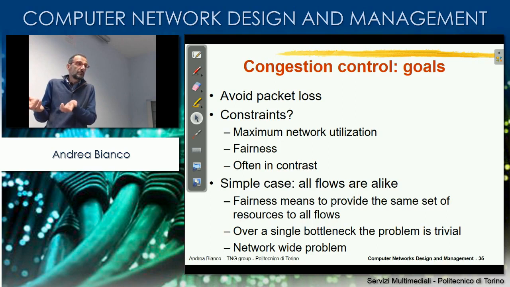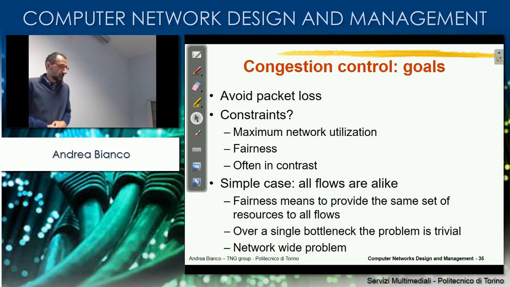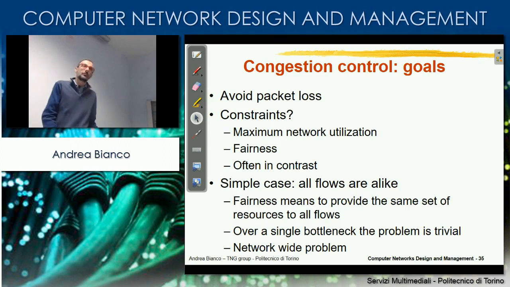You have a capacity of C on the link. You have n flows. What would we like to obtain? Each flow gets C over n. That's trivial, obvious. Unfortunately, we have to face a network-wide problem. The network-wide problem is a little bit more complex, and defining what is fair, if you don't provide a fairness definition, may not be so trivial.